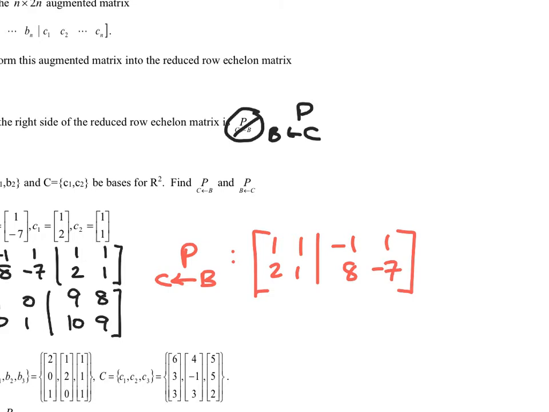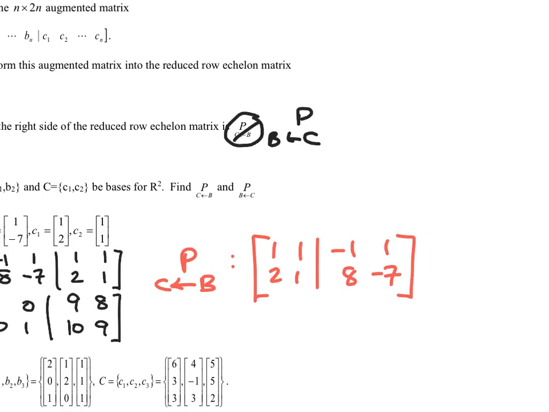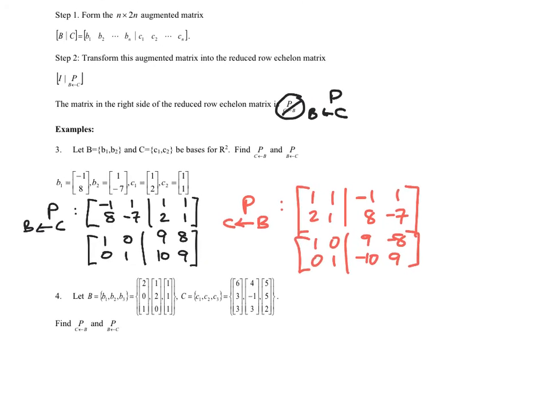And so we end up with that matrix, the matrix that will allow you to convert a B coordinate into a C coordinate.